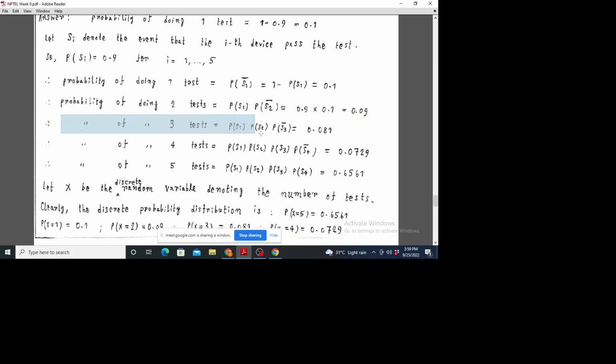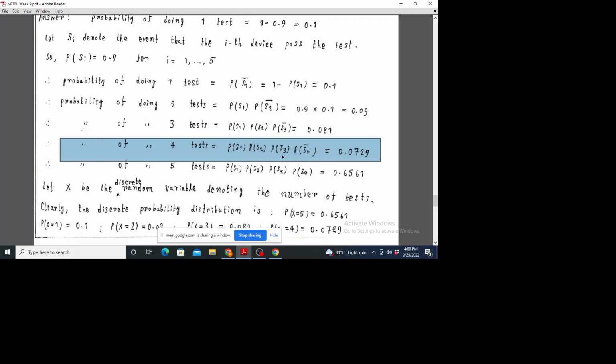Similarly, the probability of doing three tests is passing the first test, multiplied by passing the second test, but failing the third test. Doing four tests is passing the first three tests and then failing the fourth one. Finally, what is the probability of doing 5 tests?